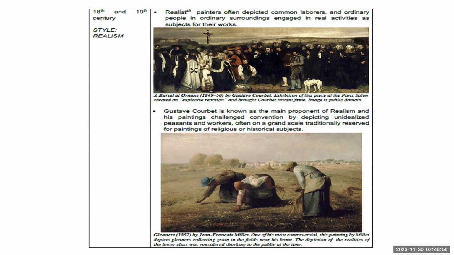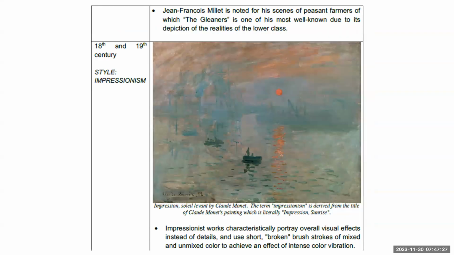So during this time, realist painters depicted also the common people, the mga ordinaryo lang na mga tao, katong mga magsasaka, laborers, etc. So basically, that's how they tried to emphasize that these people also matter in society, sa katilingban, by depicting them in such a grand fashion, similar to the religious or historical subjects, which has a lot of significance during our time now. Jean-Francois Millet is noted for his scenes of peasant farmers, of which The Gleaners is one of his most well-known due to its real representation.